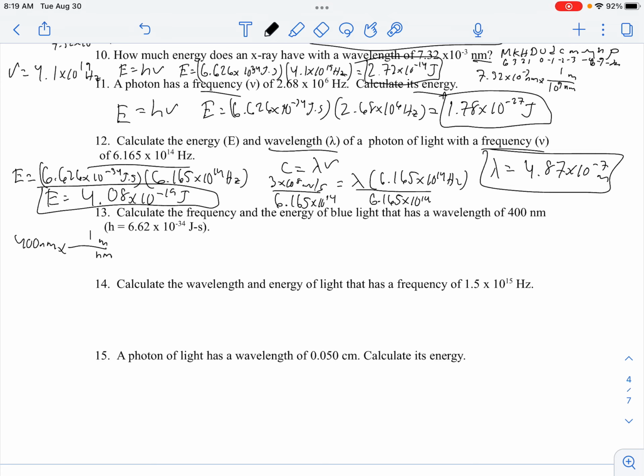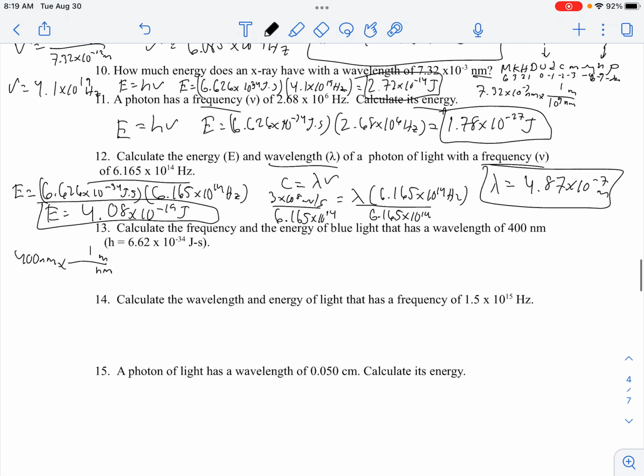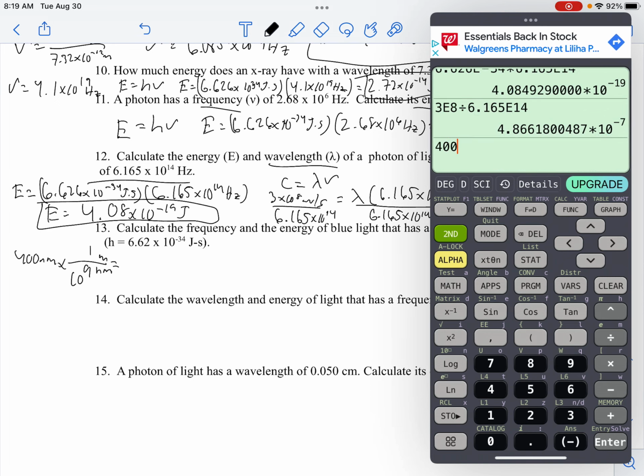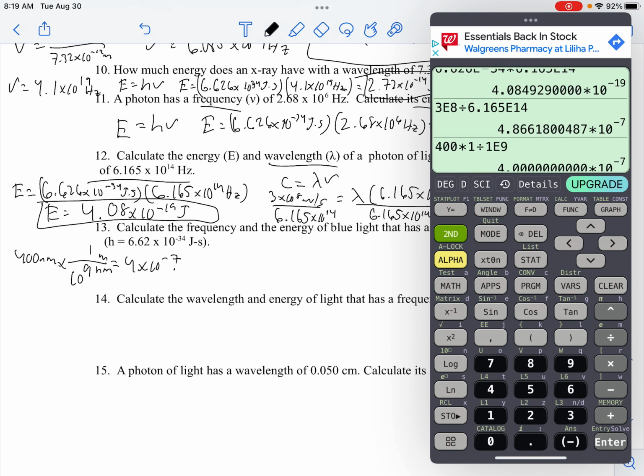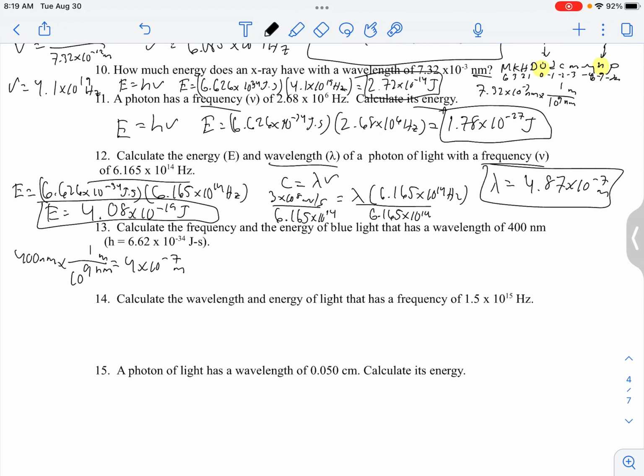The difference between meter, which is a unit, and nano, which is 10 to the negative 9, is 9 minus 0, so it's 10 to the 9th power. 400 times 1 divided by 1e9 is 4 times 10 to the negative 7 meters.